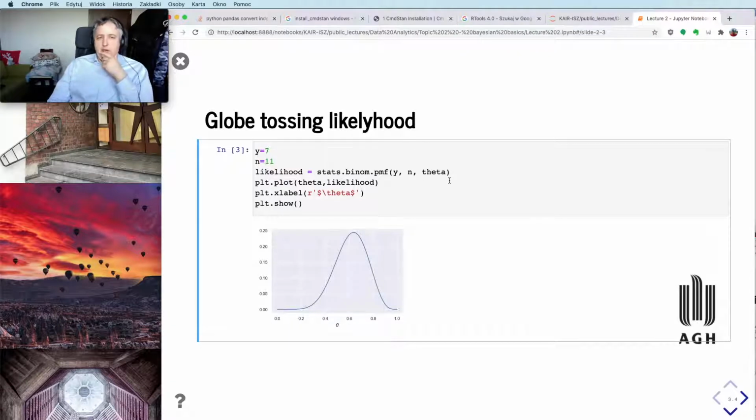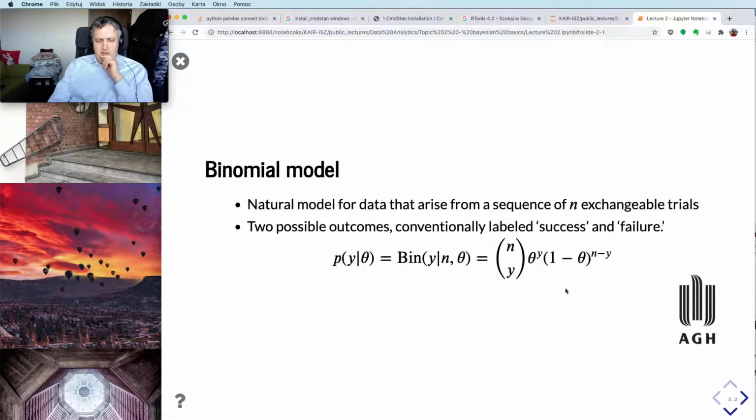In this case, we have 7 successes in 11 trials. So we get our likelihood that we described before. This is our likelihood function because it relates our y to theta, that is, how well our measurements fit with our theta.